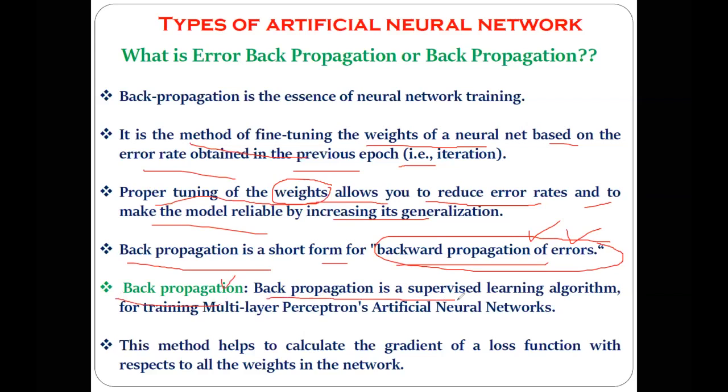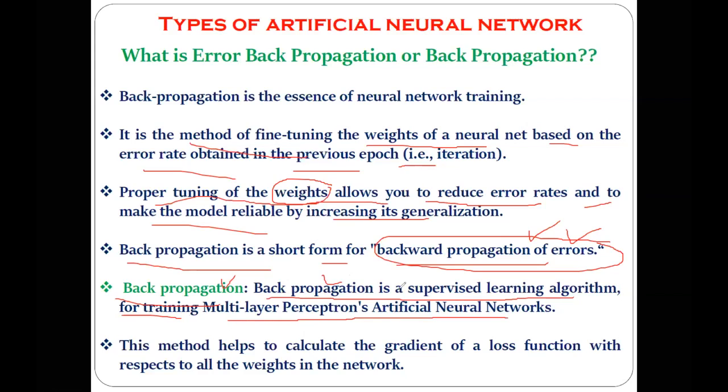Back propagation is a supervised learning algorithm for training multi-layer perceptron artificial neural networks. So it is also referred to as a supervised learning algorithm. In supervised learning, as we have discussed previously, it continues until the agent learns the thing completely.